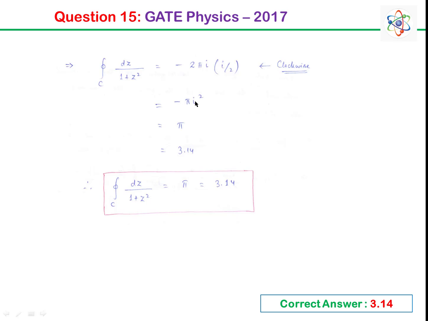So minus into minus gives plus, and that becomes plus pi, and pi, we know, is 3.14. Therefore the given integral reduces to pi, which is equal to 3.14. So the correct answer for this question is 3.14. So that's it. Thank you.